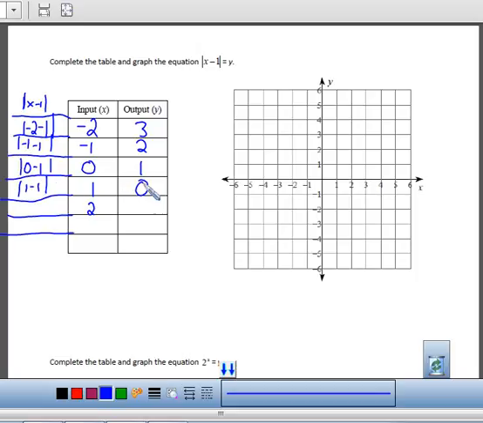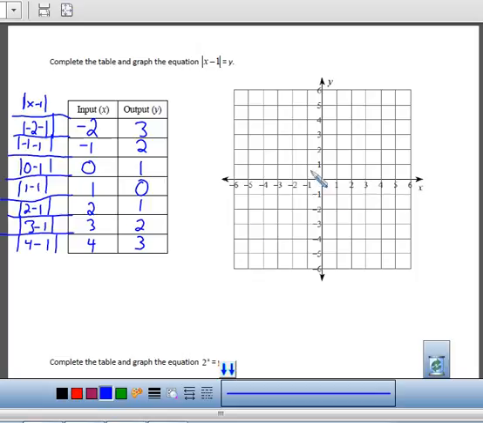Absolute value of 0 is just 0. 2 minus 1 is 1, and the absolute value of that is 1. That's interesting. You know what? Let's go ahead and finish this table off because it will look nice if we do. And then the absolute value of 4 minus 1. So then we have 2 and we have 3.